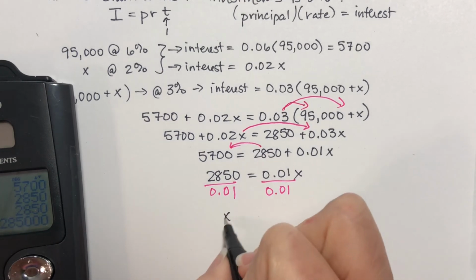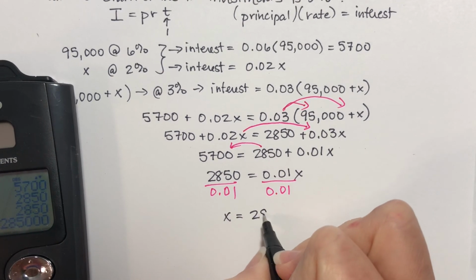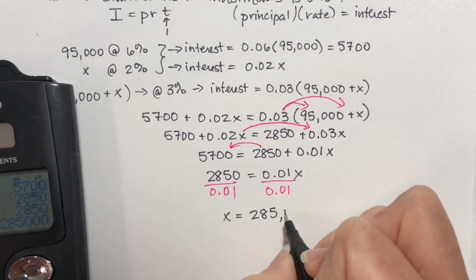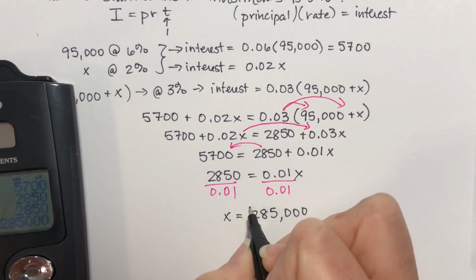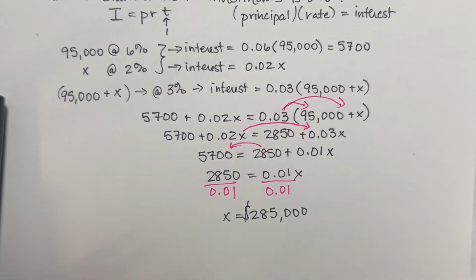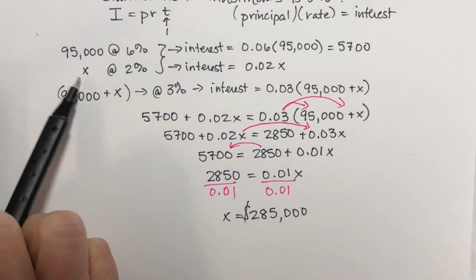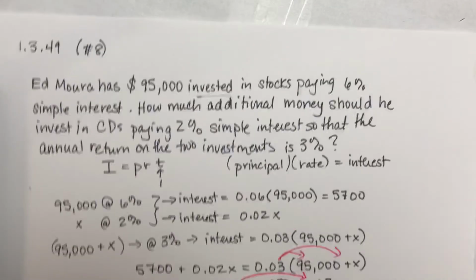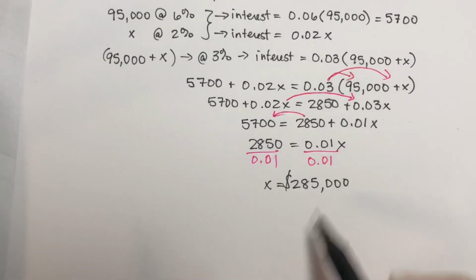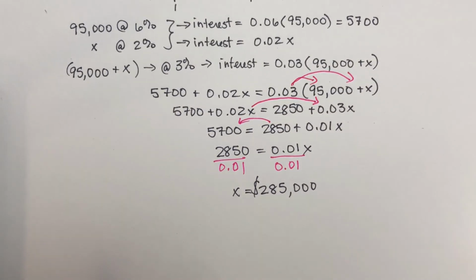And X is equal to $285,000. Okay, we found X. X is how much additional money needed to be invested, and that's what we were asked to find. So $285,000 is your answer.